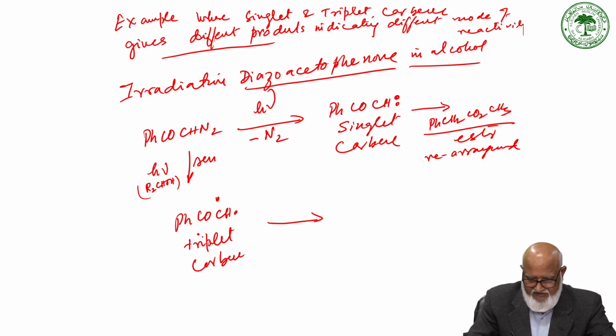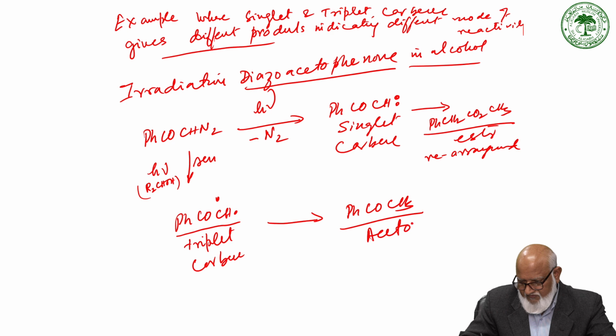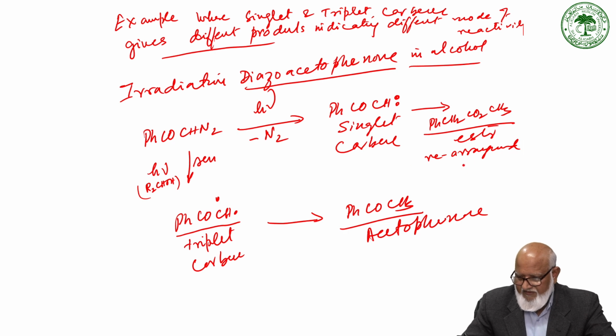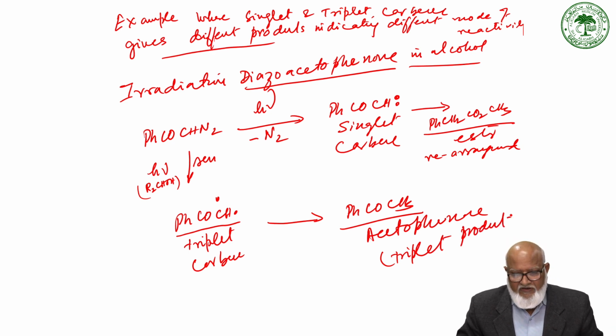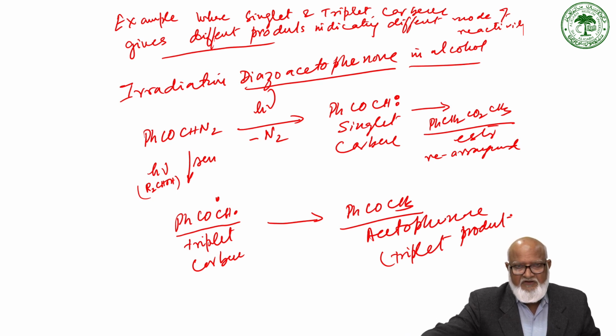On the other hand, the triplet carbene, generated on sensitized photolysis, gives a different product, PhCOCH3, acetophenone. So you can see two different products are obtained via different modes of reactivity of the singlet and triplet.